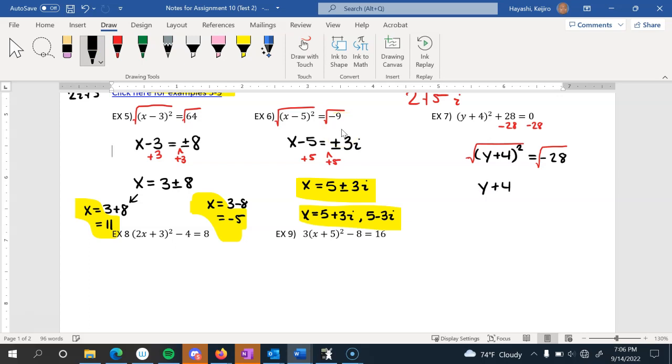That'll give us a plain y plus 4 on the left, and on the right, that'll give us plus or minus whatever the square root of negative 28 is. We split it up into 4 and 7. We want to split it into one square number, the biggest square factor we can find, and then whatever's left. And there's also going to be an i on there.